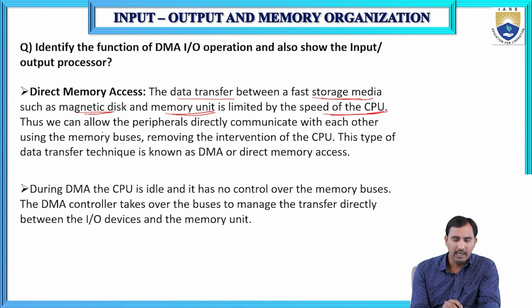Thus we can allow the peripherals to communicate directly using memory buses, removing the intervention of the CPU. This type of data transfer technique is known as DMA or direct memory access. During this DMA, the CPU is idle, and it doesn't have any control over the system buses.